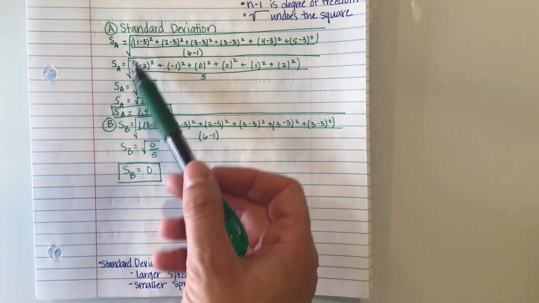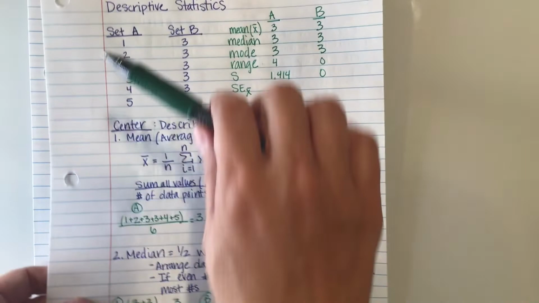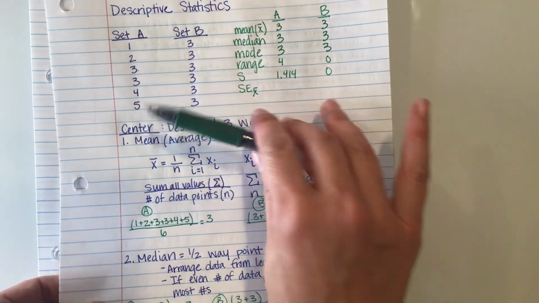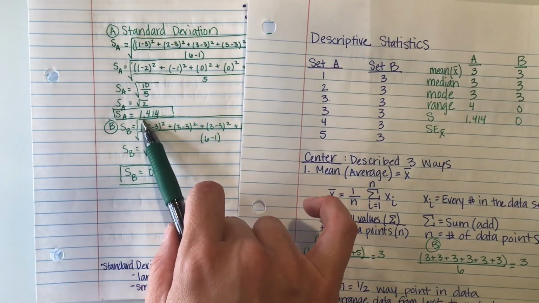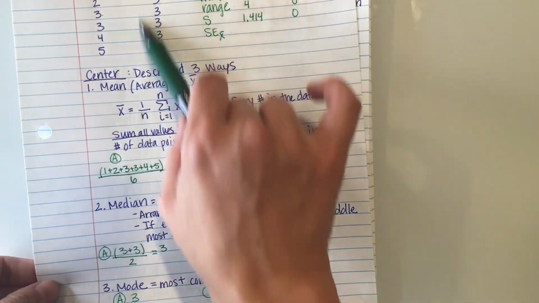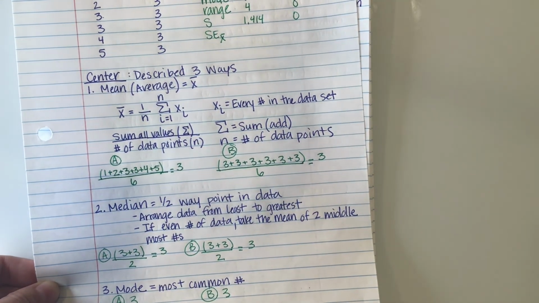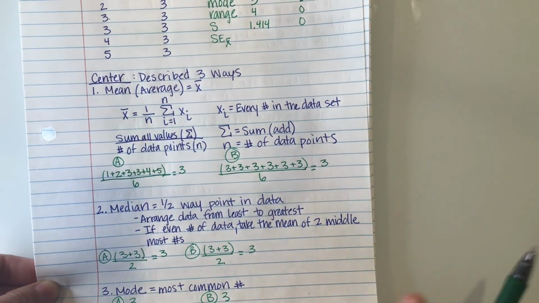So you'll notice in group A, in set A of our data, we had a wider variety of numbers, everything from 1 to 5, and my standard deviation was 1.414. In group B, I had the same number over and over and over again. I didn't have a lot of variety, if you will.